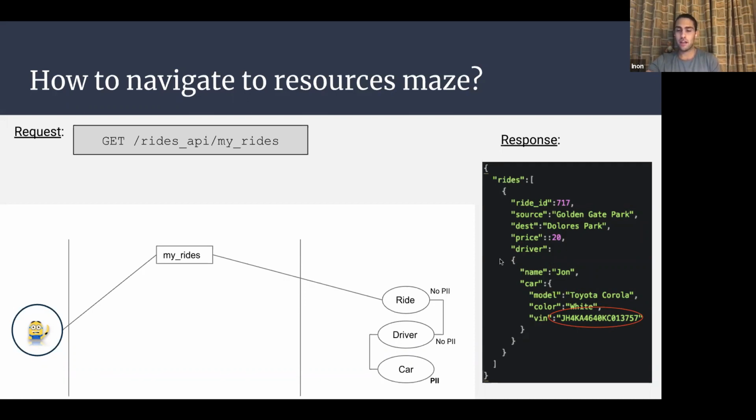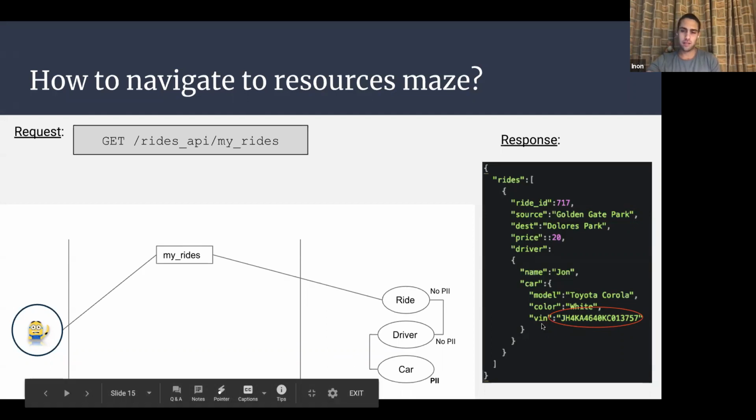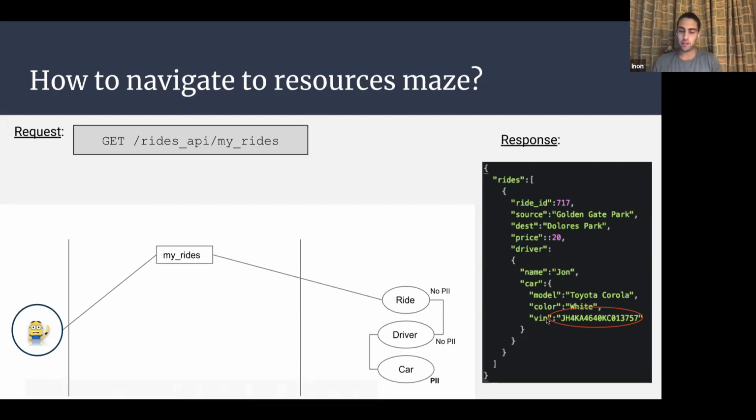And you can take a look at the API response and see, okay, I don't see any PII in the ride object, in the ride resource. I don't see any PII in the driver because it's only the first name. But then with the car object, I can see something that I don't really know what it is: VIN. So you need to run a Google search if you don't know. And by the way, this is an example from a real application that I tested.